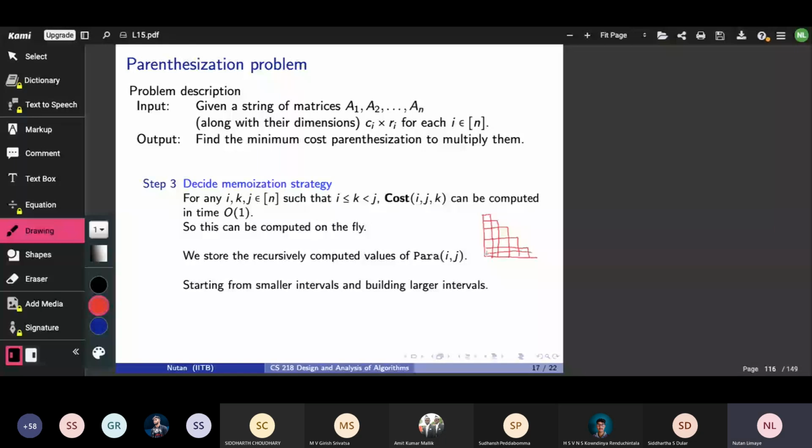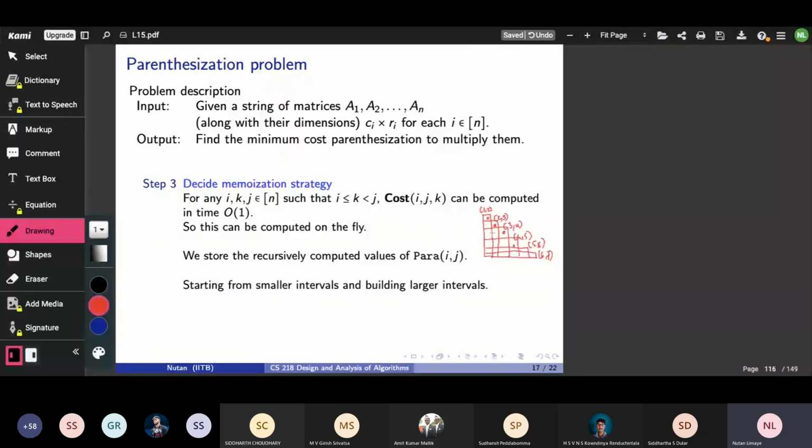This is say 1,2. This is 2,3. This is 3,4, 4,5, 5,6, 6,7. So here you put down the value of multiplying matrix 1 and 2. Here you put down the value of computing matrix 2 and 3. Here you put down the value of computing matrix 3 and 4, 4 and 5, etc.